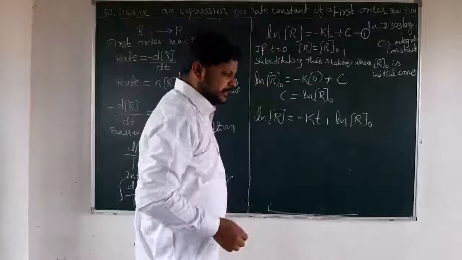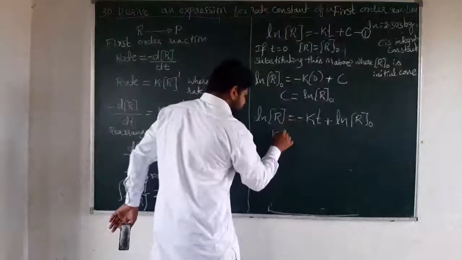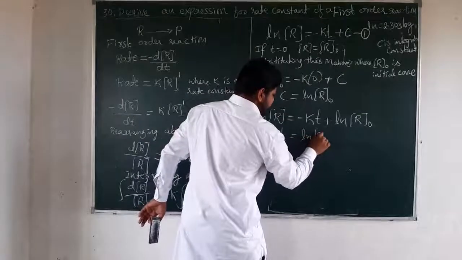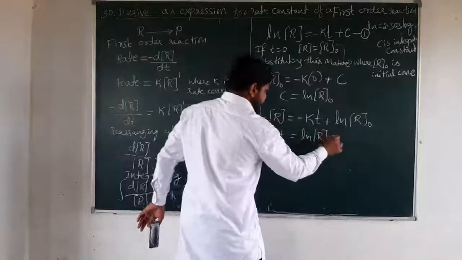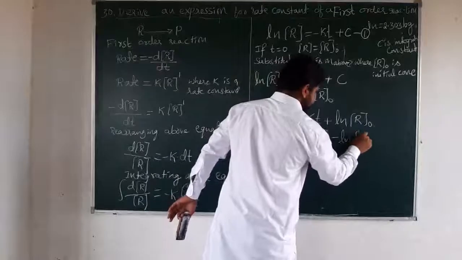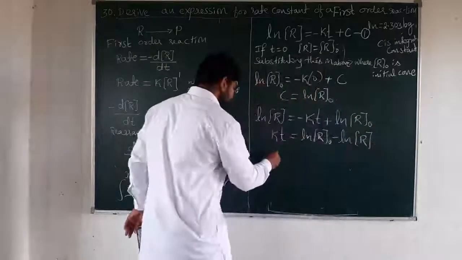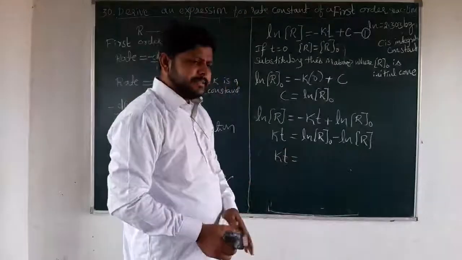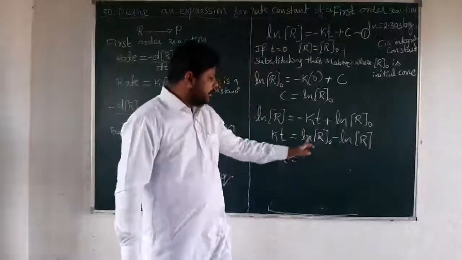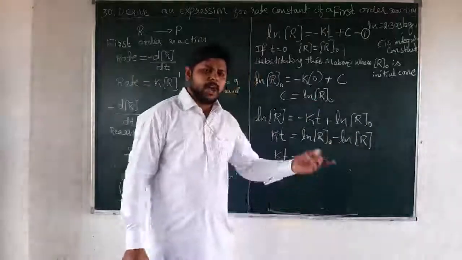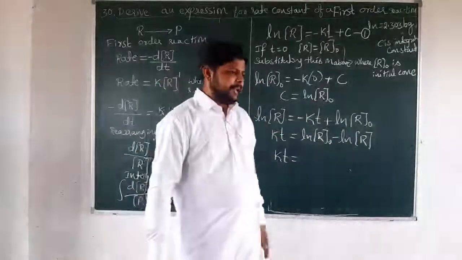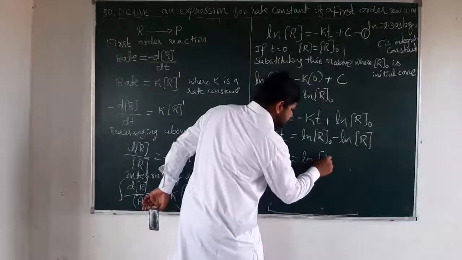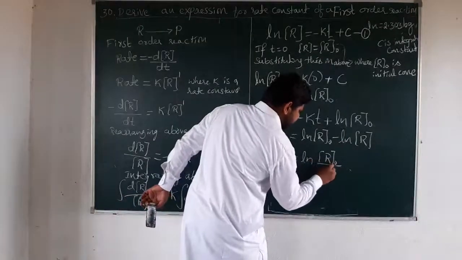Now bring similar terms to one side: minus Kt comes to the left side as plus Kt, and ln R comes to the left side as minus ln R. So Kt equals ln R naught minus ln R. It is like log a minus log b equals log a by b. Similarly, ln R naught minus ln R equals ln R naught by R.